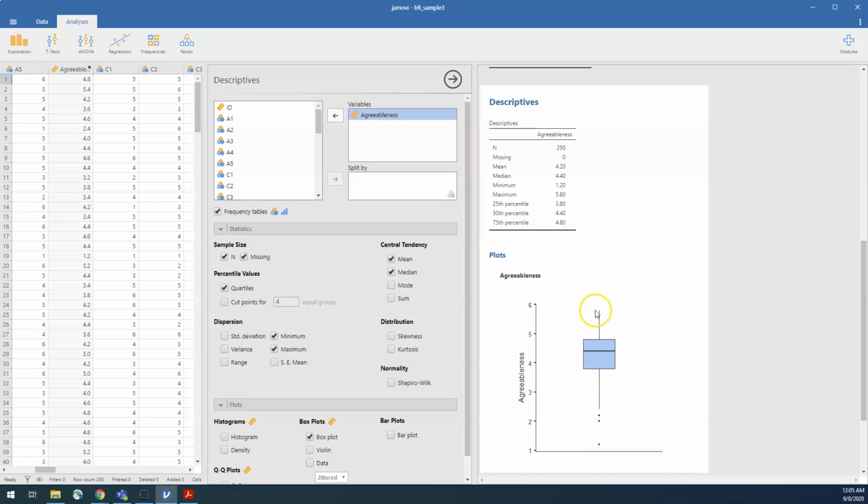And on the top side, the end of the line is in fact the maximum score, 5.8. But on the low end, in this particular distribution, they've decided to demarcate this as the lowest point that's 1.5 interquartile ranges below the median.